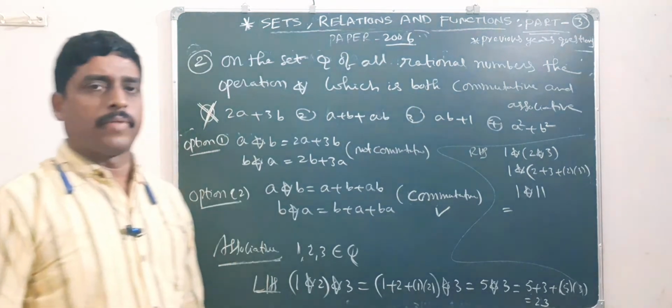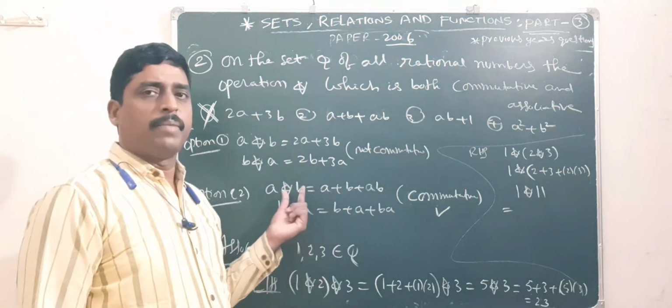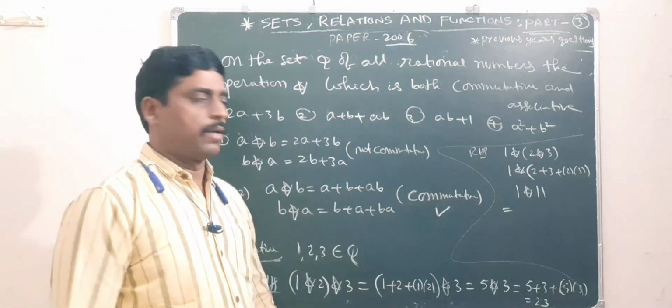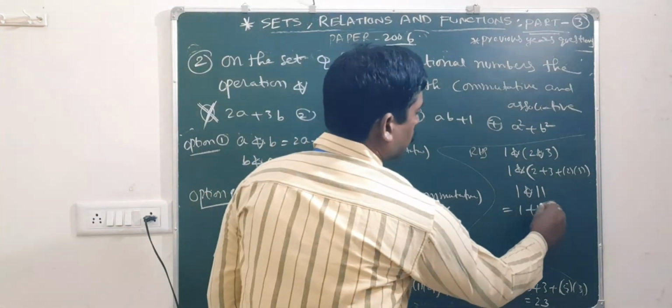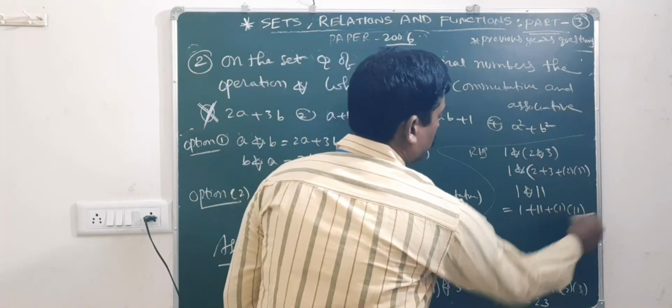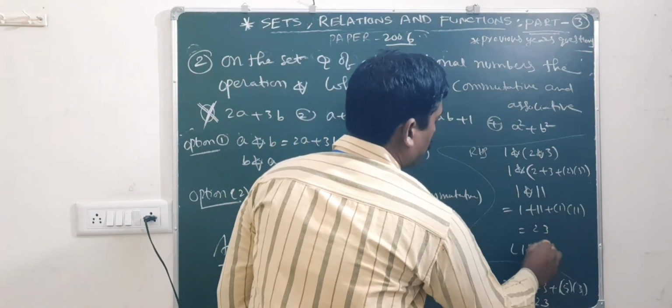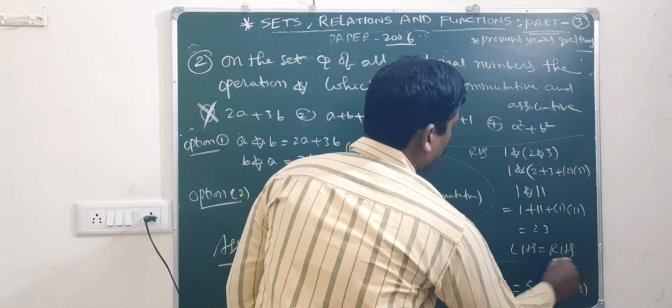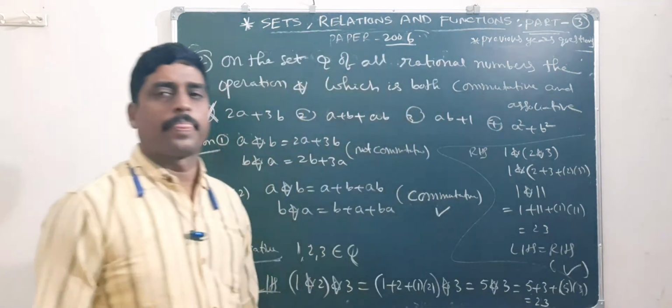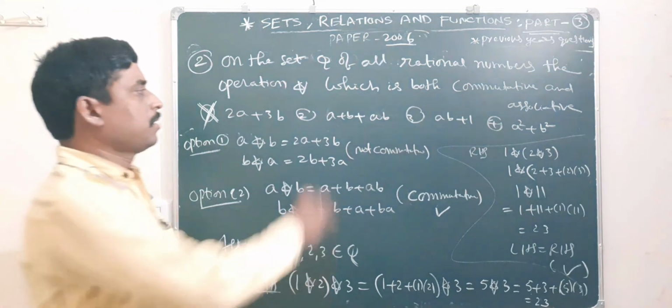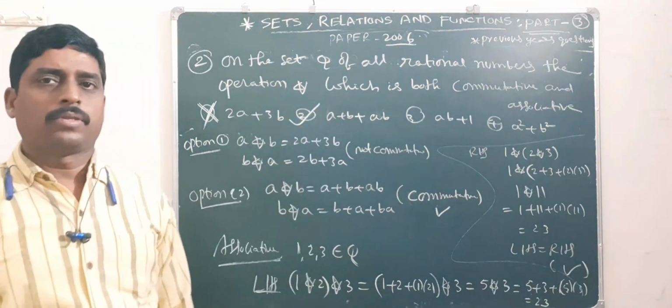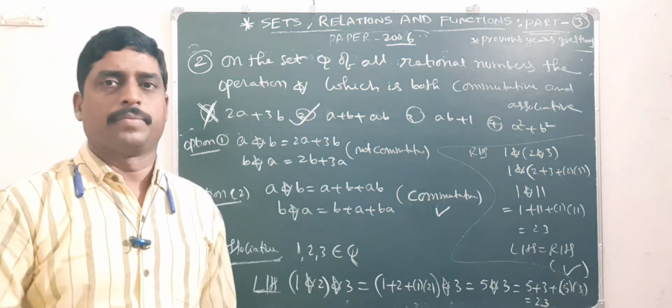So in a plus b plus ab, place 1 and 11: 1 plus 11 plus 1 into 11. This will be 23. Therefore left side and right side are both equal. Associative is satisfied. So the second option satisfies both commutative and associative.